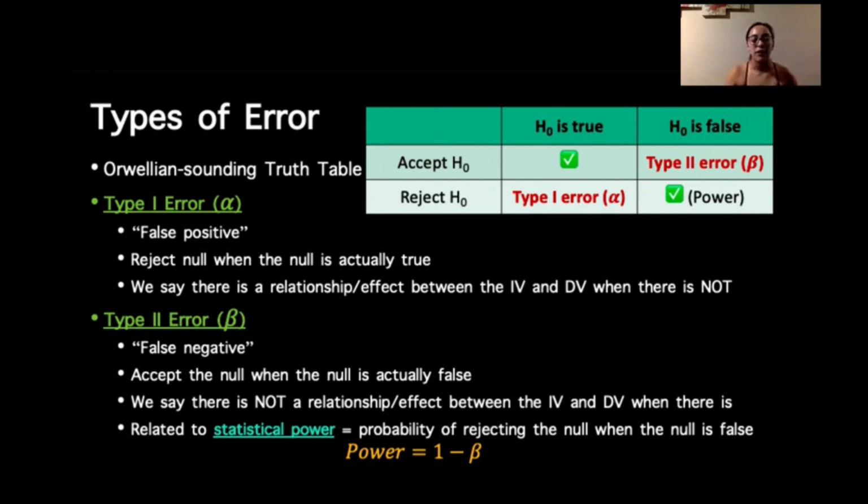If the probability that the null is true is low, then you can reasonably assume that rejecting the null hypothesis is the right choice.